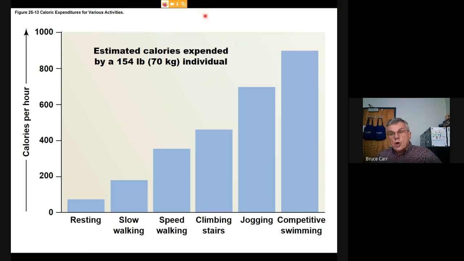So we talk about jogging here, very high level for what amounts to a fairly enduring exercise. But if you talk about competing at the highest level, for example, marathon running in the Olympics, that's conducted at such a fast pace that its expenditure per hour would certainly go up and approach this range.